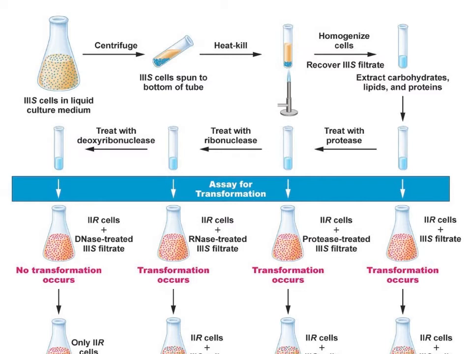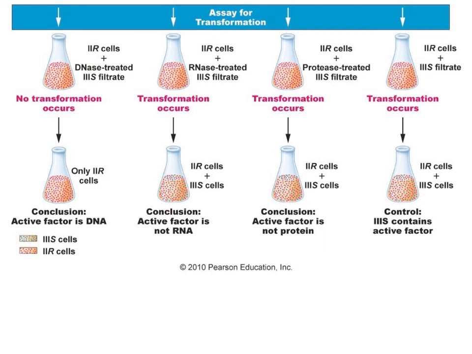Okay? And so once they had made this homogenized liquid, they proceeded to test, okay? And we're going to start from right to left, okay? The first thing they did was take these 2R cells. Remember, those are the avirulent cells that don't cause any death in the mice, don't cause any problems. And the 3S filtrate, so this is the stuff from the heat-killed virulent forms.